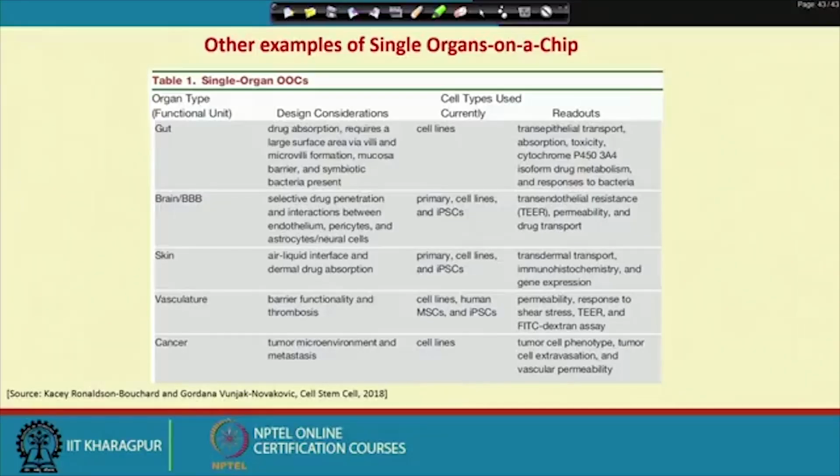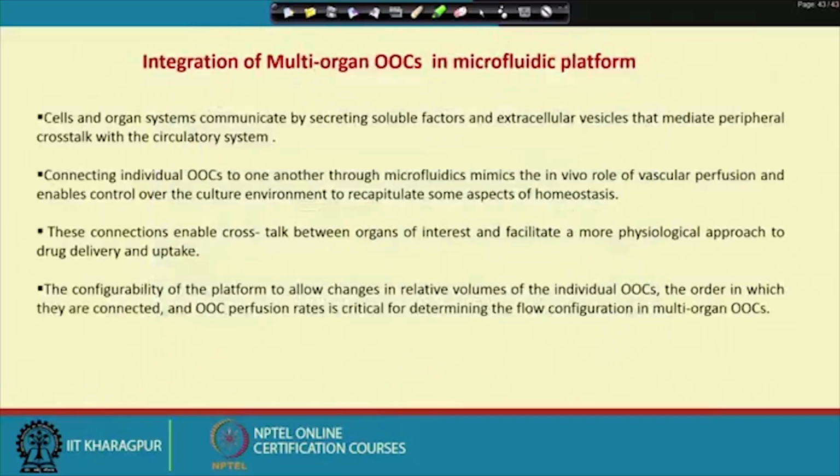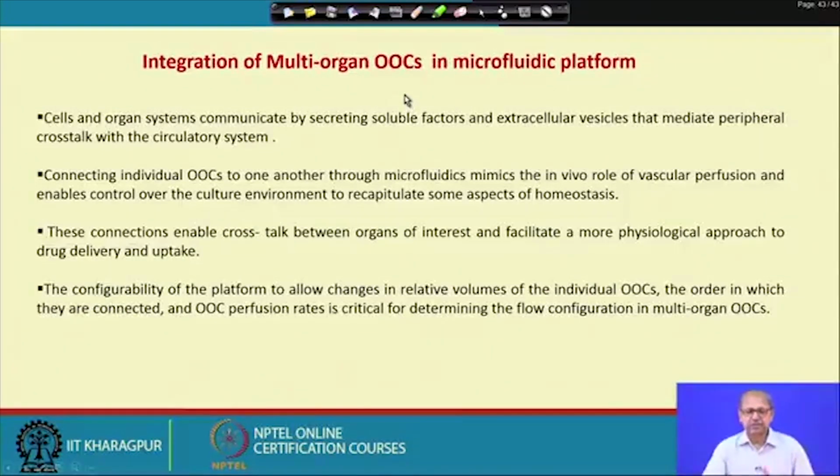So, after discussing organ on chips, now we are coming to how these organ on chips could be integrated to mimic different organ systems, how they are connected in our body. So, that is integration of multi organ on chips through a microfluidic platform.